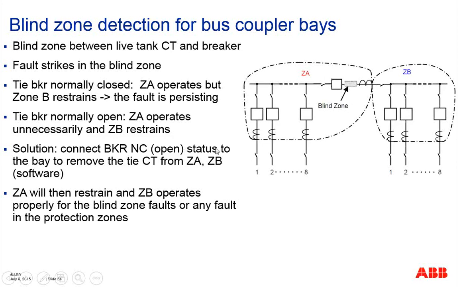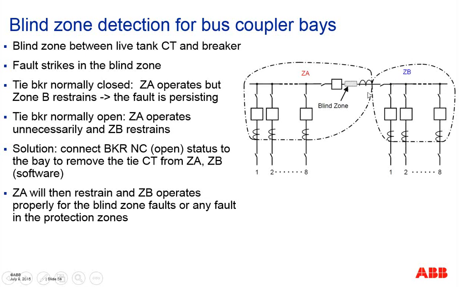But when the breaker is open, it indicates to the bus zone that the breaker is open. You take out these 2 CTs internally, through algorithm, through programmable logic. If you take the CT out of zone B, zone B will operate, because this fault effectively becomes an internal fault to zone B.